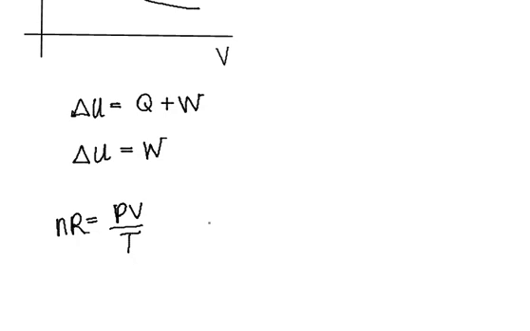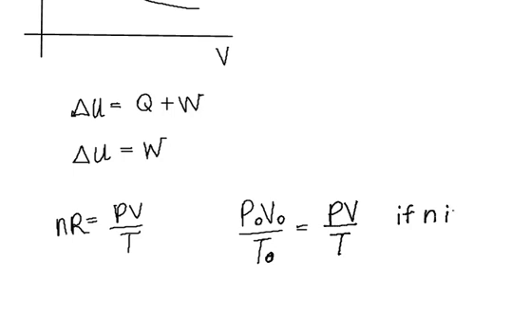So that means that P naught V naught over T naught has to equal PV over T if n is constant. So we don't open the canister and let any of the moles out. How's that visual?